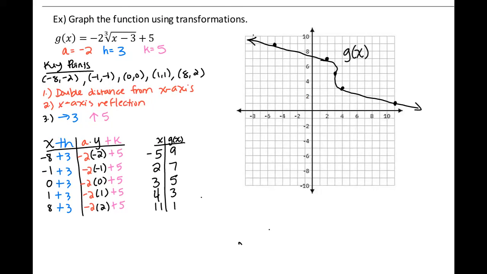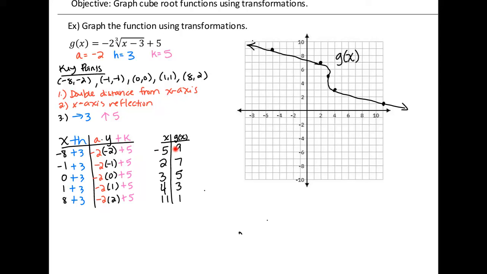So those are the coordinate points. Notice I got negative 5, positive 9, which is here. I have positive 2, positive 7, positive 3, positive 5, positive 4, positive 3, and 11, 1.